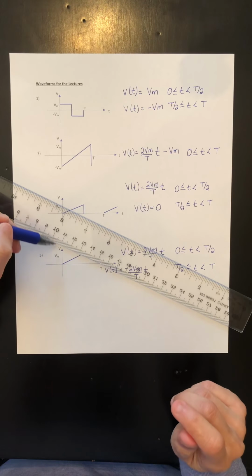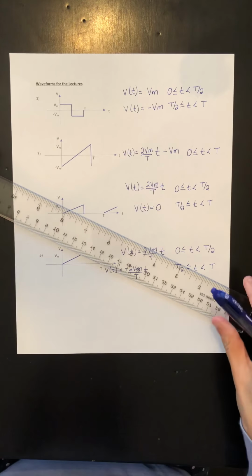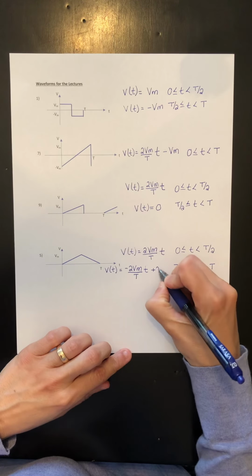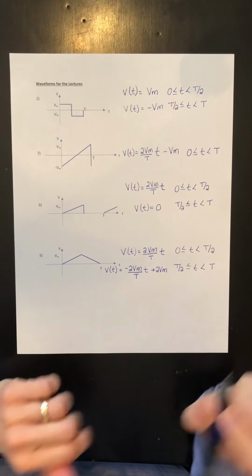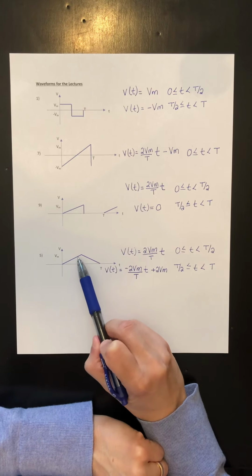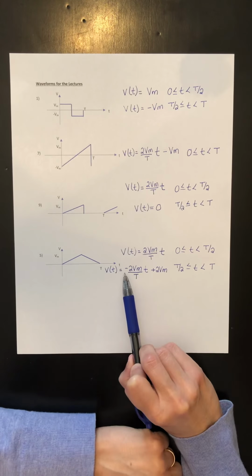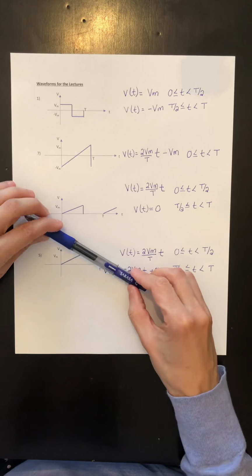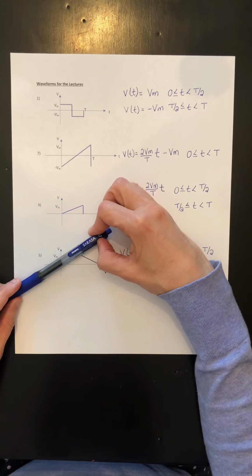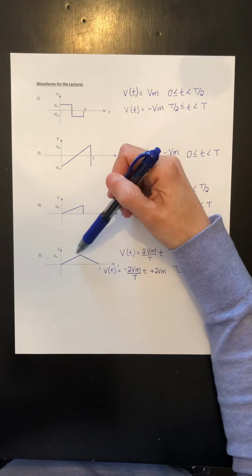And using symmetry, we should know that it will hit at exactly 2 times Vmax. So this will be plus 2 Vmax. Okay, so again, the same magnitude of the slope, but with a negative orientation. The line is falling to the right instead of rising to the right. And double the value of B.